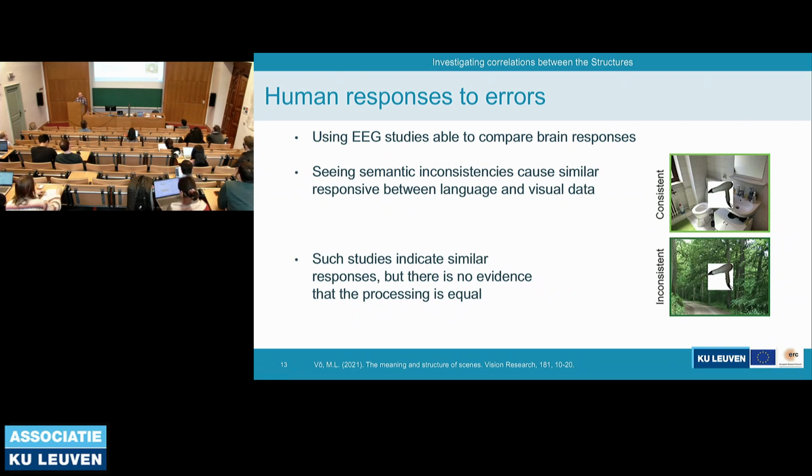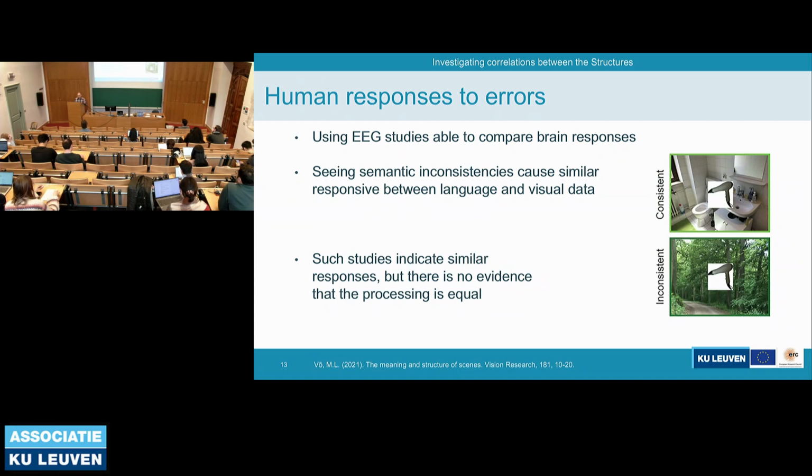So now what we want to investigate is if there is some correlation between human processing of the physical world, of that visual data, and how we process language, since both seem to have some grammar-like structure present there.